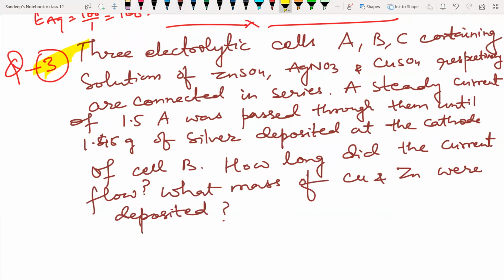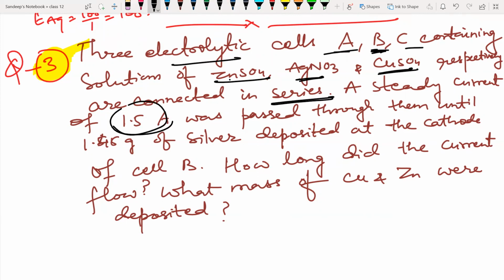So it is based on Faraday's second law. So 3 electrolytic cells A, B, C containing zinc sulfate. That means it is zinc electrode dipped in zinc sulfate. B is silver electrode dipped in silver nitrate, and C is copper electrode dipped in copper sulfate. They are connected in series.